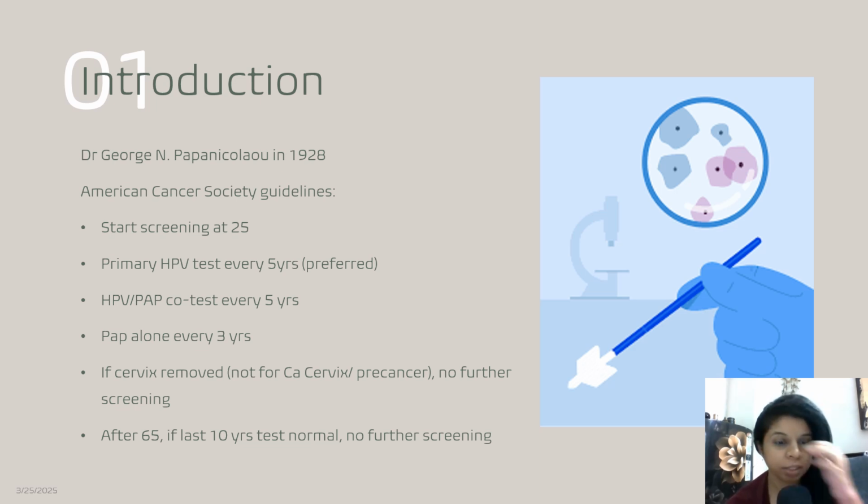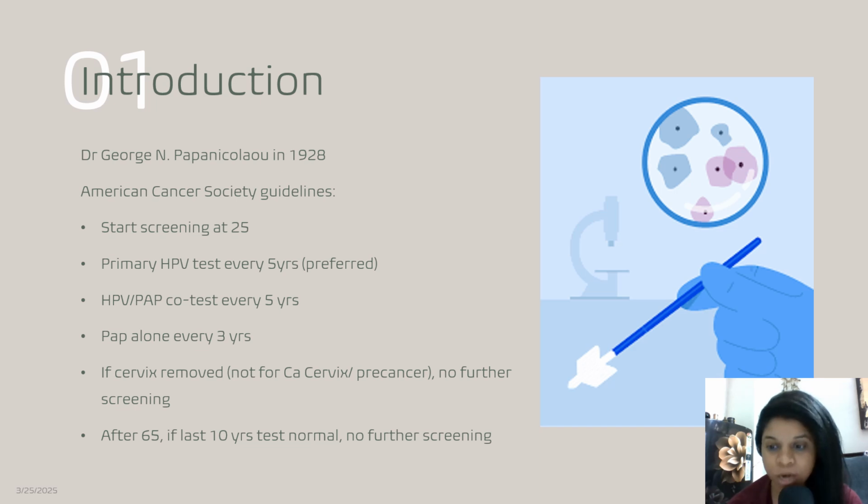Okay. And if the cervix is removed, that is, if the patient has undergone a procedure of removing the cervix for causes that are not CA cervix or any precancerous lesions, then no further screening is required. And after 65 years, if the last 10 years of tests are normal, then also there is no further screening required.